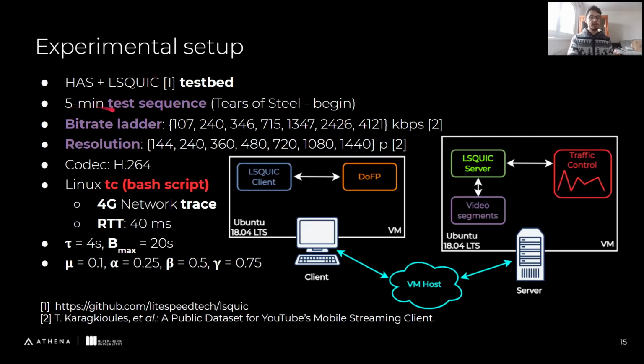We also use a 5 minute sequence of Tears of Steel, the beginning part, and this bitrate ladder, as you can see in the reference here, with 7 different levels and the respective resolutions. The codec is H.264. We use the traffic control bash script to manage the throughput to simulate a 4G network trace with RTT 40 milliseconds. The segment length is 4 seconds and the maximum buffer size is 20 seconds.